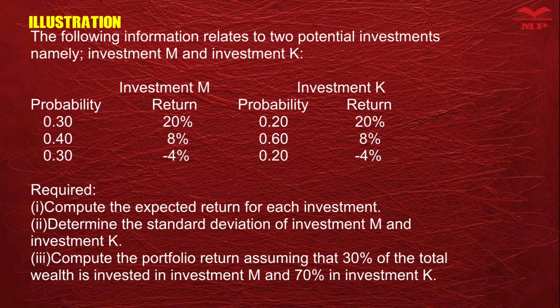Two, determine the standard deviation of investment M and investment K. Three, compute the portfolio return, assuming that 30% of the total wealth is invested in investment M and 70% in investment K.